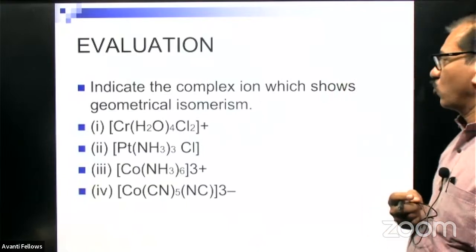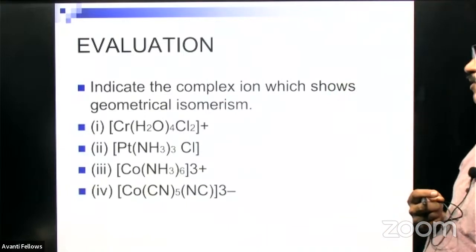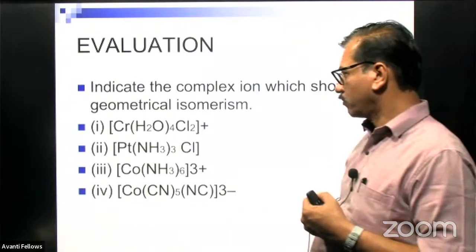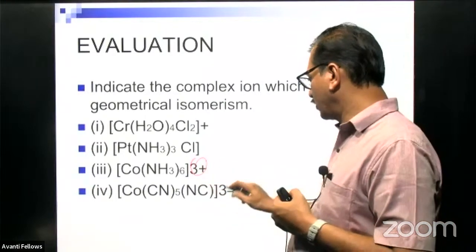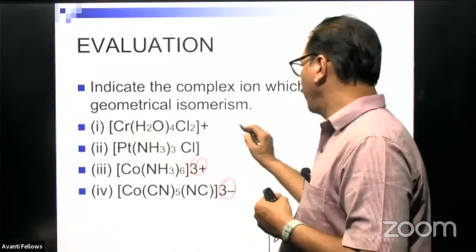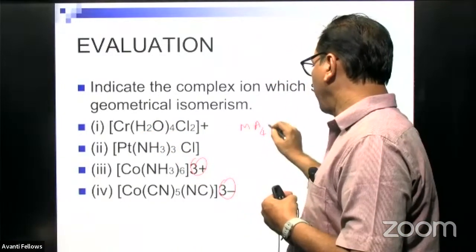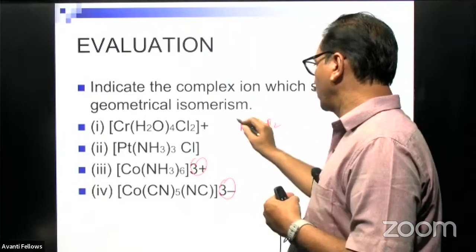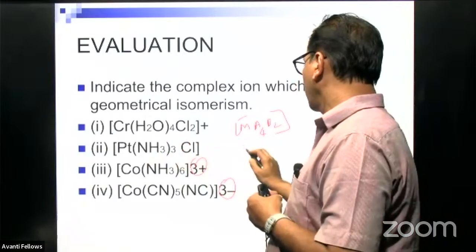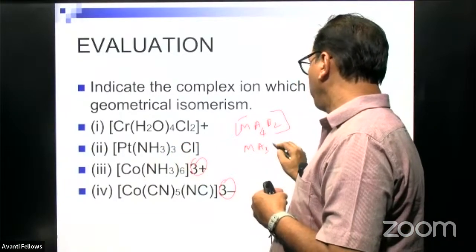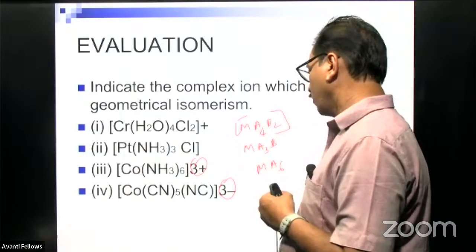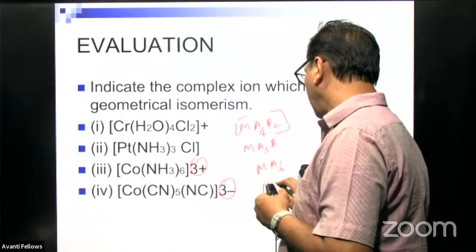Indicate the complex ion which shows geometrical isomerism. These are all the charges. Here, this is of the type MA4B2. Compare that. MA3B. Here it is MA6. Here it is of the type MA5B.